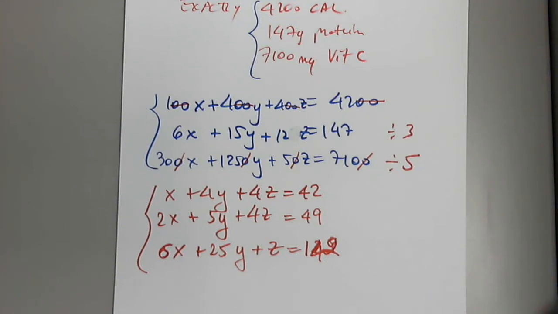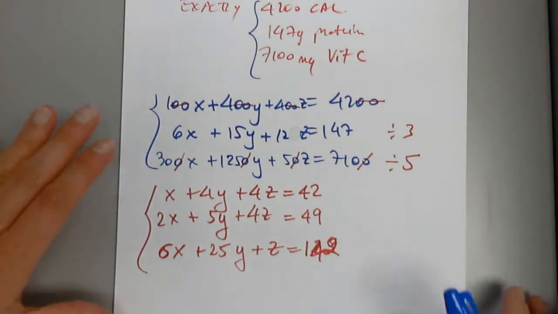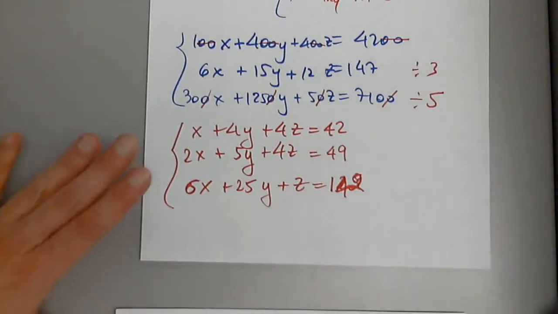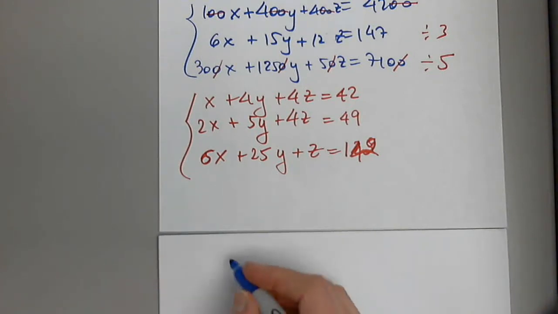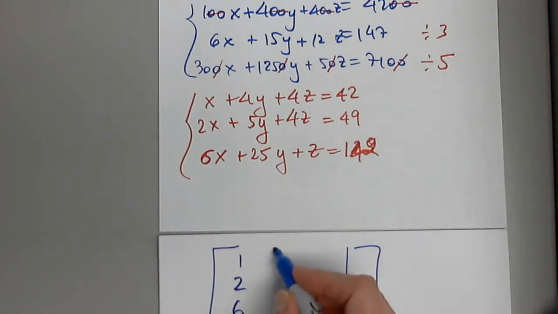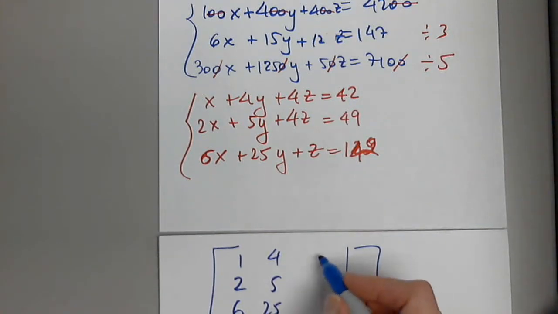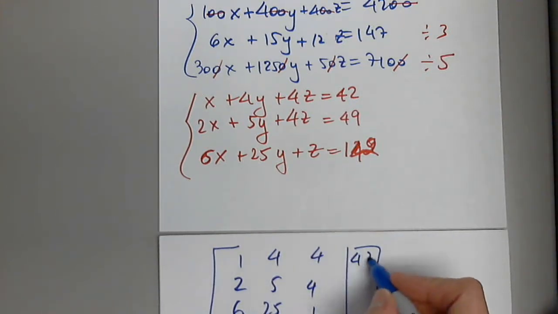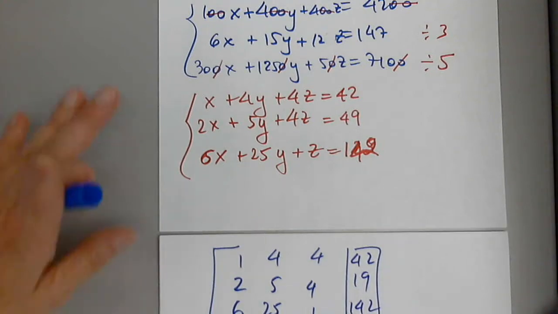Correct. So now this became slightly more human. And the next step would be the augmented matrix, which is 1, 4, 4, 42; 2, 5, 4, 49; 6, 25, 1, 142.